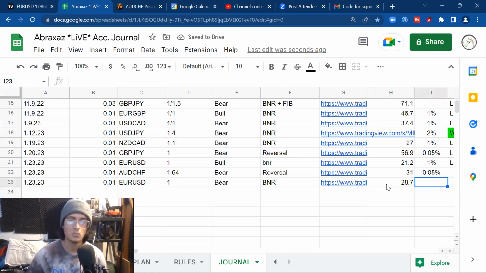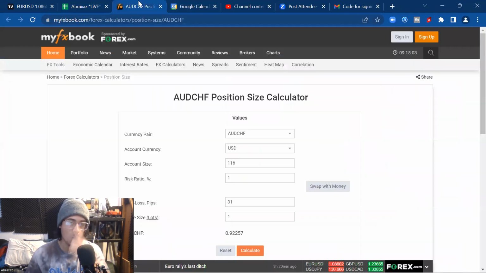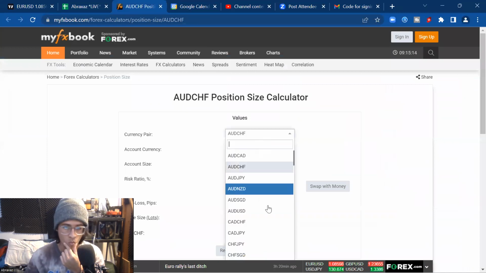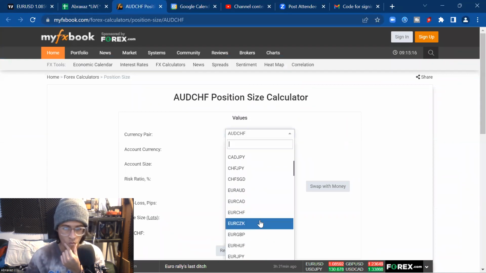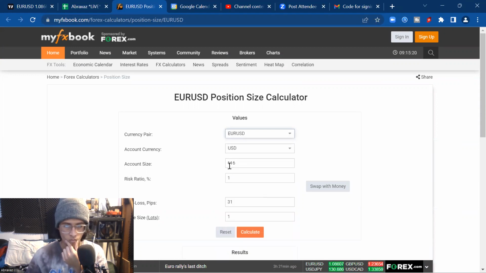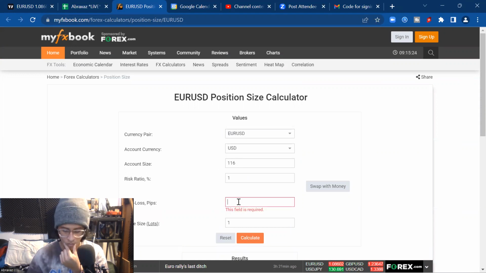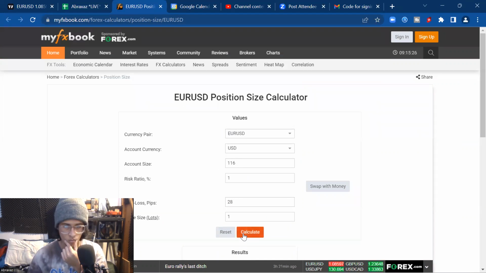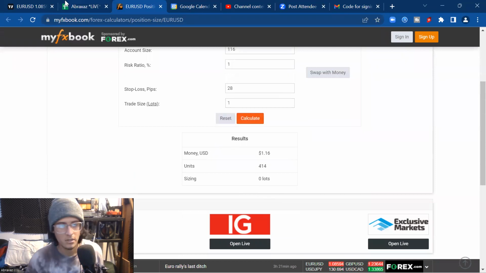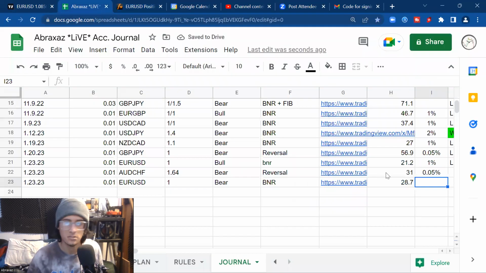This was, oh, yeah, that's what I thought. Put 0.01 lot, so I'm just gonna put 0.05. Oh yeah, that's what I meant.